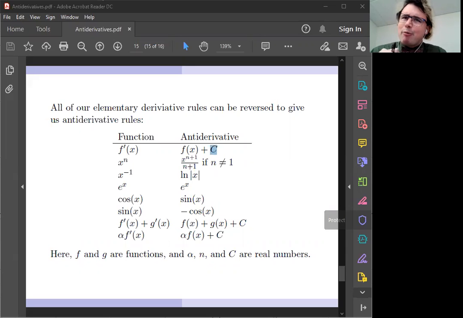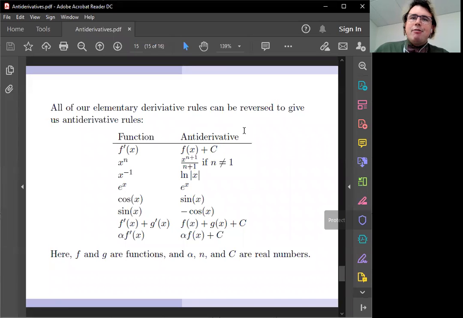I lose the information as to what constant was added to that function. I can't tell. So when I am finding an antiderivative, unless I have more information, my antiderivative is going to have some constant c stuck to the end of it. And I've got to keep this c with that function as I go through.